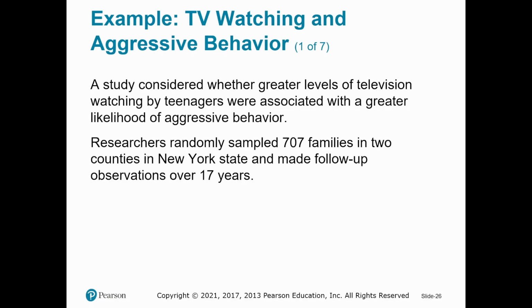Researchers randomly sampled. That's good. Random sampling means the asymptotic normality. As long as we have a decent sample size, we can use that asymptotic normality, that Z critical value that we look up. 707 families in 2 counties in New York State and made follow-up observations over 17 years.